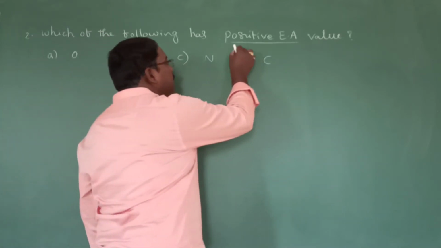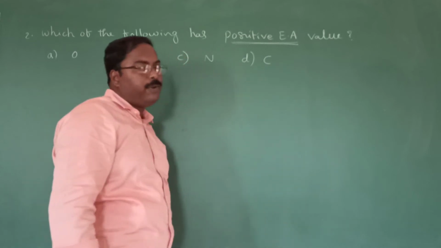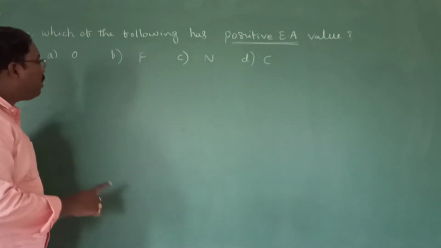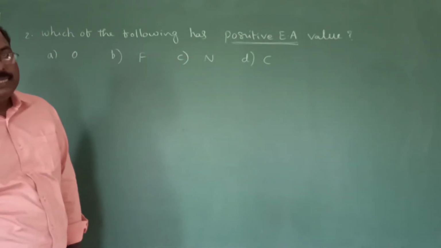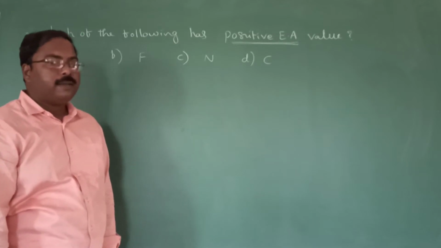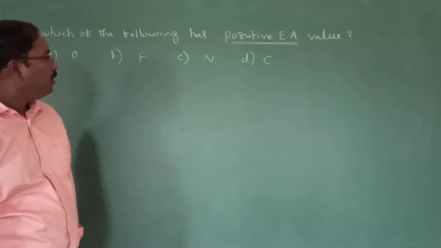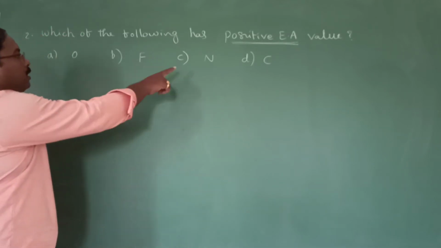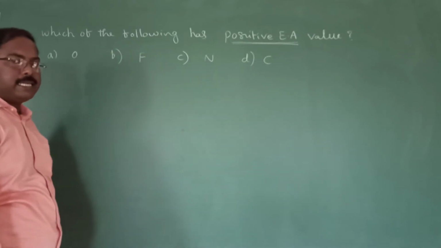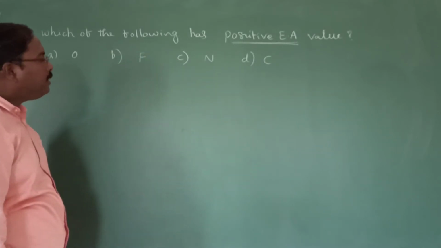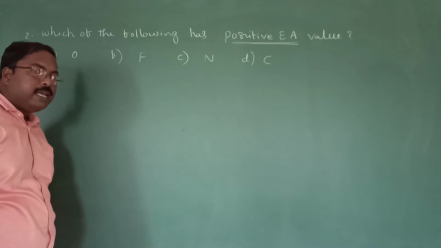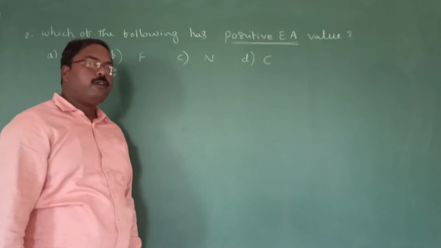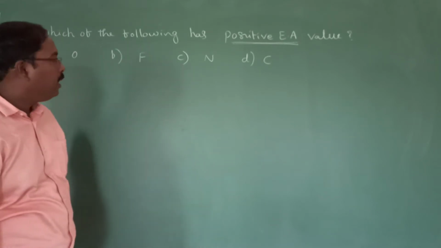So it will have a positive electron affinity value. Out of the four options, is there any noble gas present? No. None of these are noble gases. Then which has the positive electron affinity value?